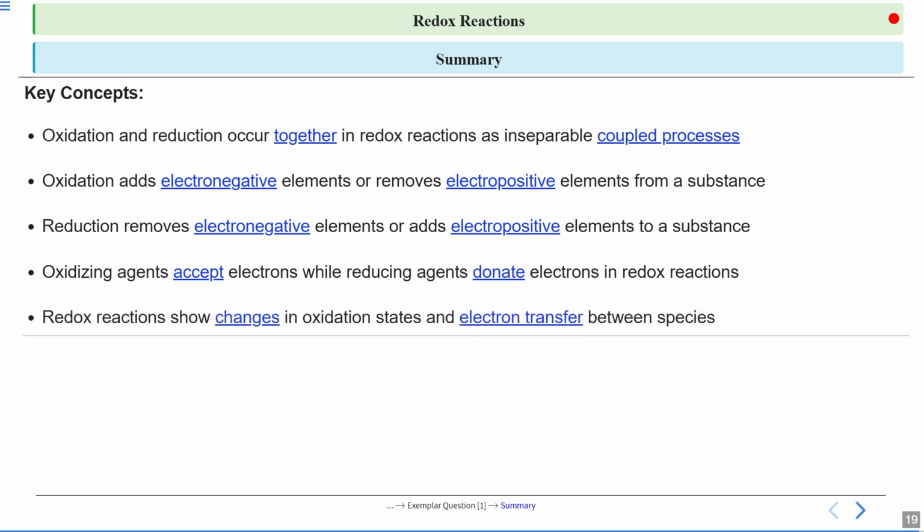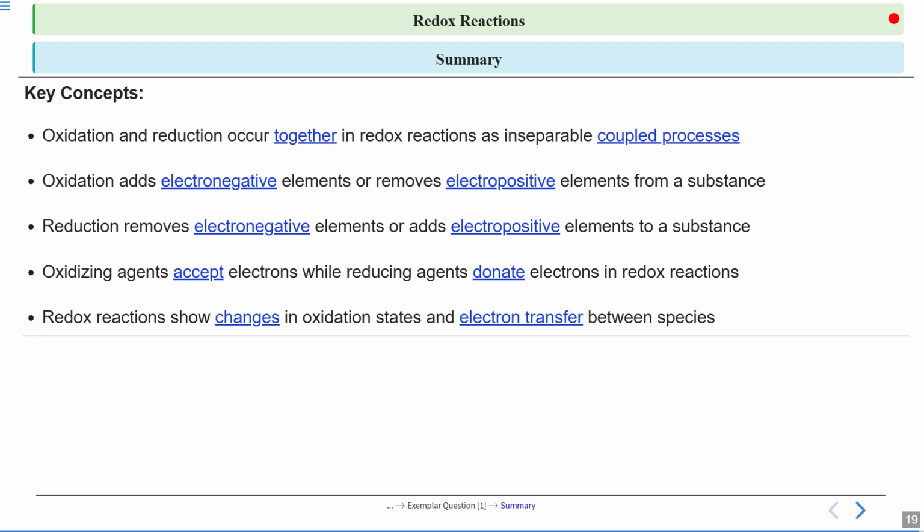So redox reactions always show a change in the oxidation state and electron transfer between the chemical species. That means, as already explained, there would be a change in the oxidation number, either increase or decrease. The increase would be related with oxidation and the decrease would be related with reduction. And there is loss of electrons, and by this, electron transfer between species.